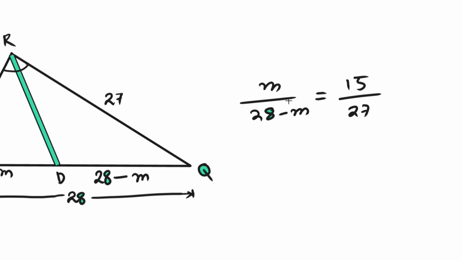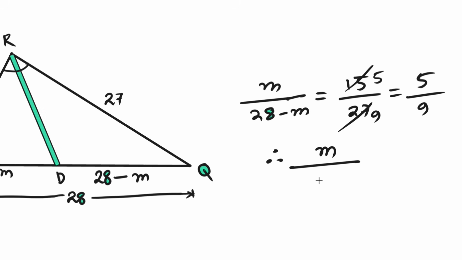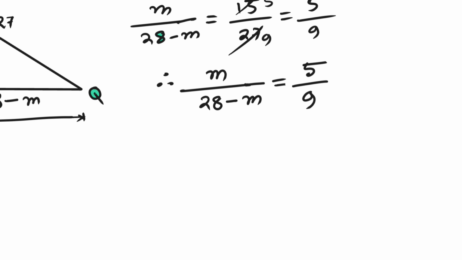Now let's simplify that ratio before going any further. 15 divided by 27 can be reduced by dividing both numbers by 3, giving us 5 divided by 9. So our equation becomes M divided by 28 minus M equals 5 divided by 9.